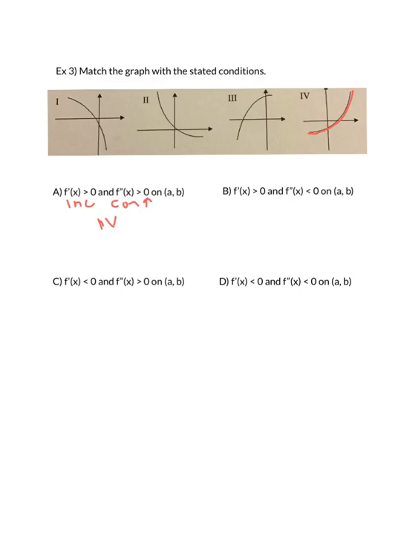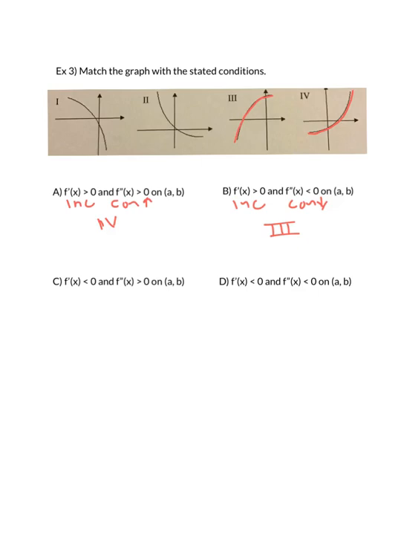On B, if F prime is greater than 0, we are increasing. F double prime is less than 0, we want concave down. So which one is moving upward but concave down? That is graph 3. You're moving upward, but you would spill water. So B goes with 3.